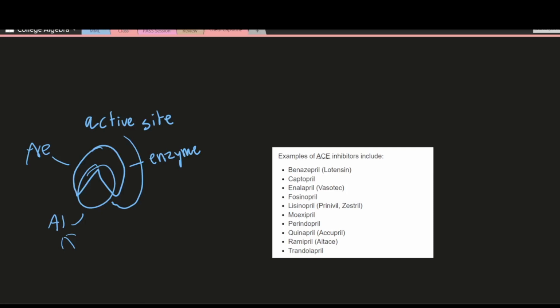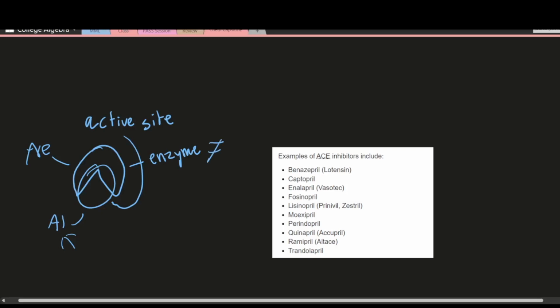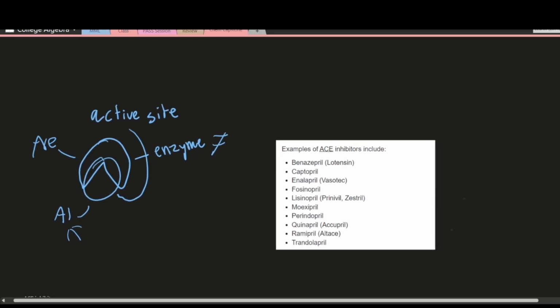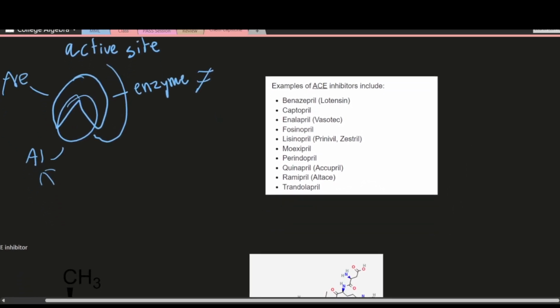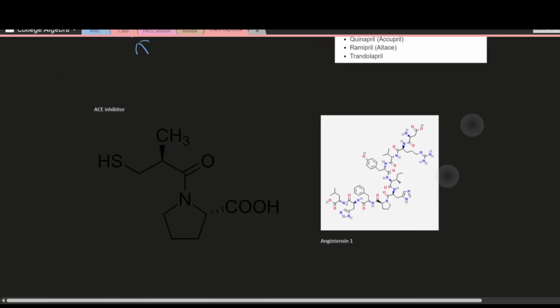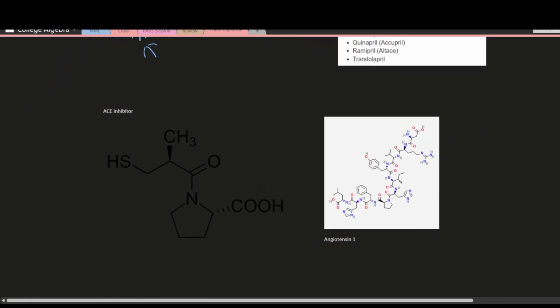Since the enzyme isn't absorbing its substrate, the enzyme is not able to work and is blocked off from acting upon any other substrate. So here are the shapes of ACE inhibitors.